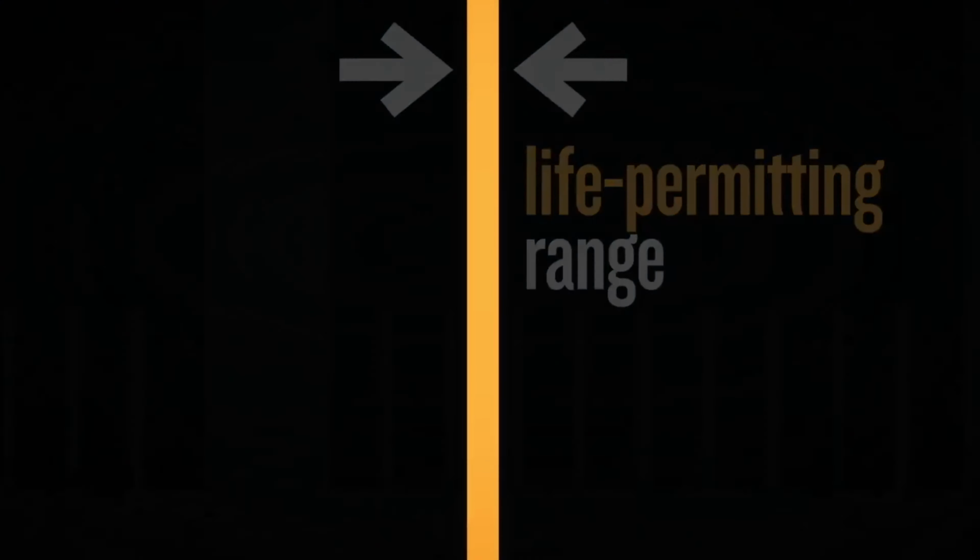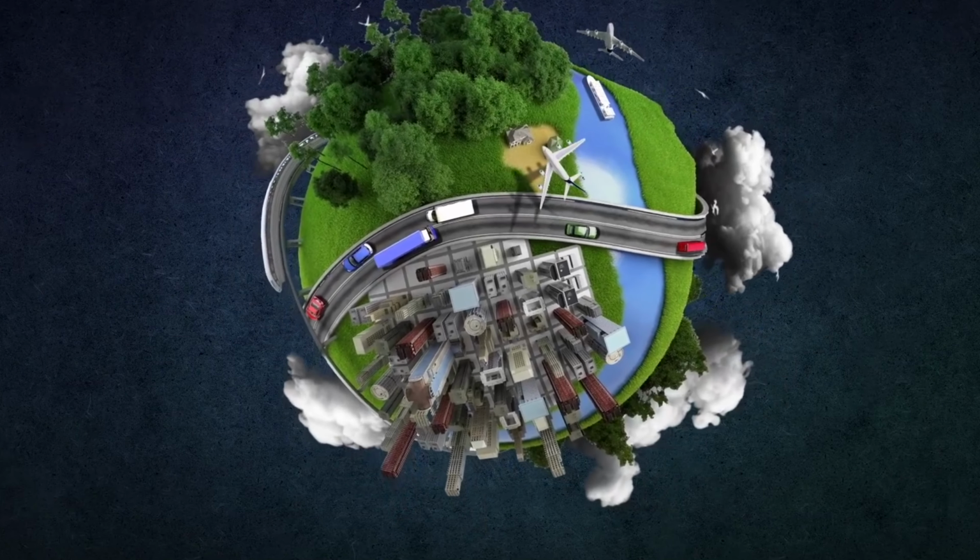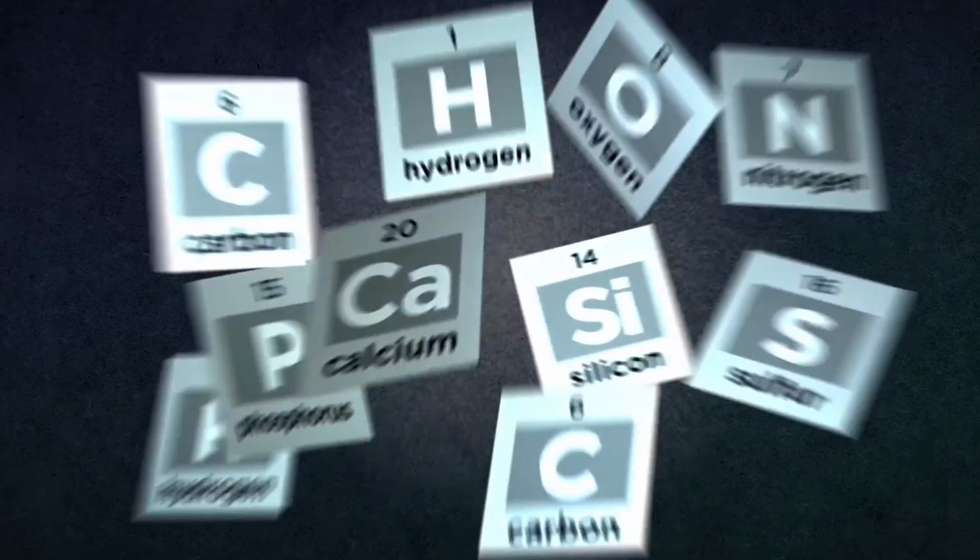If any one of these numbers were altered by even a hair's breadth, no physical, interactive life of any kind could exist anywhere. There'd be no stars, no life, no planets, no chemistry.